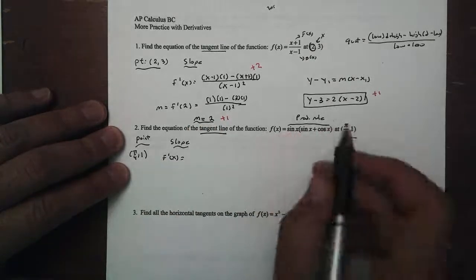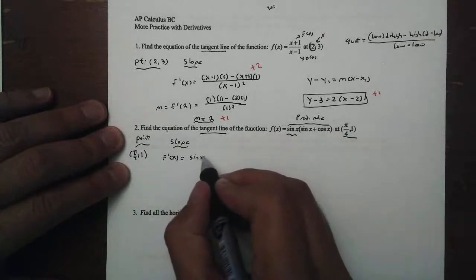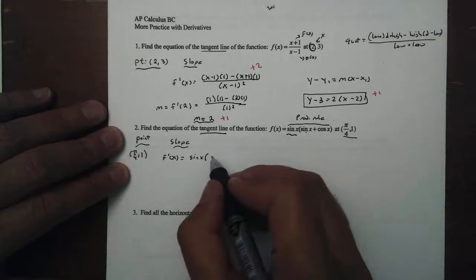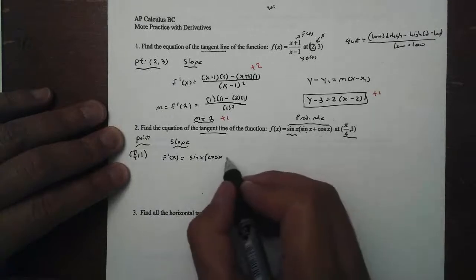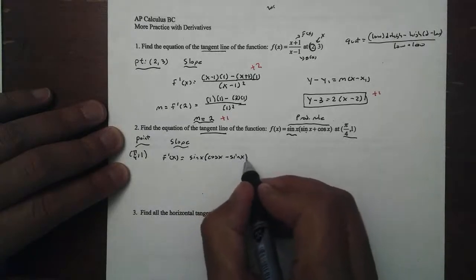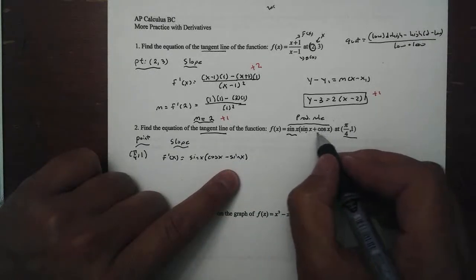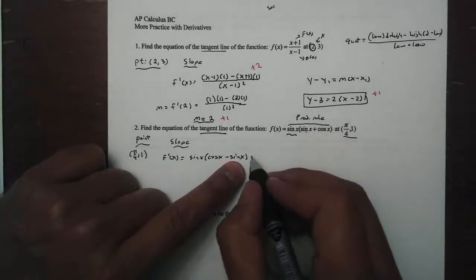So I'm going to take my first function, which is sine of x, multiply that by the derivative of the second. The derivative of sine is cosine of x, plus the derivative of cosine of x is minus sine x. So it becomes a minus, because the plus and the minus make a negative sign.